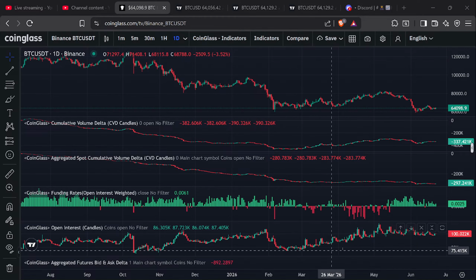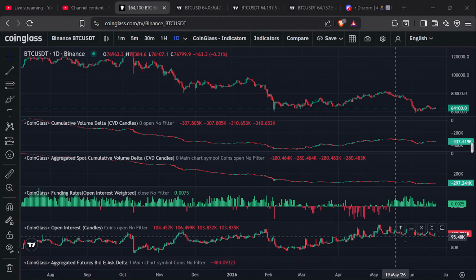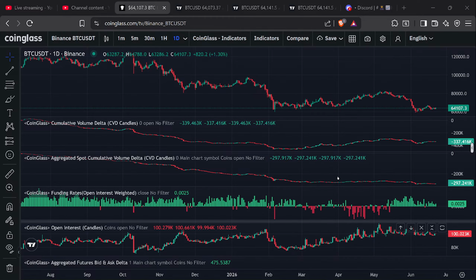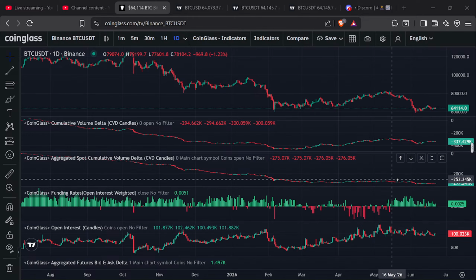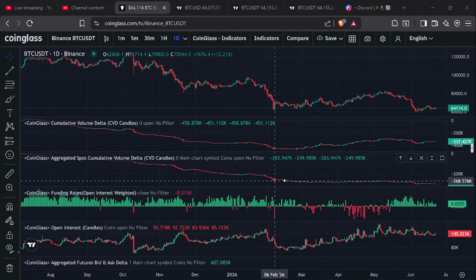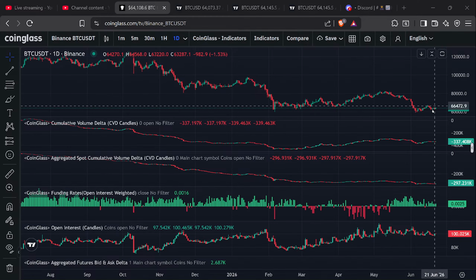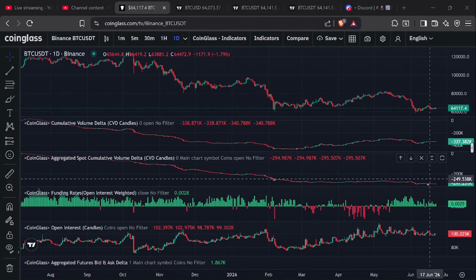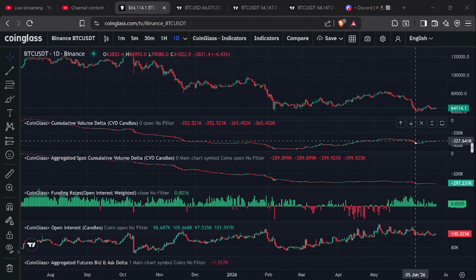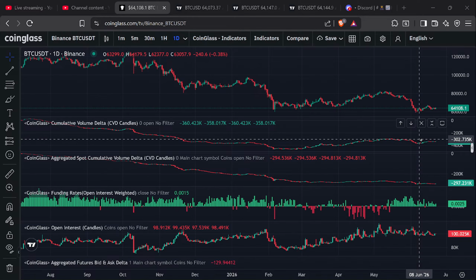The only problem is the open interest, and that the spot is not similar. The spot is still selling. So this could easily fall over here if the spot keeps selling. Because this is just futures, they'll just get liquidated.